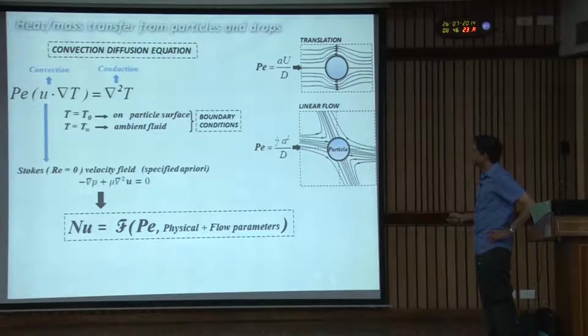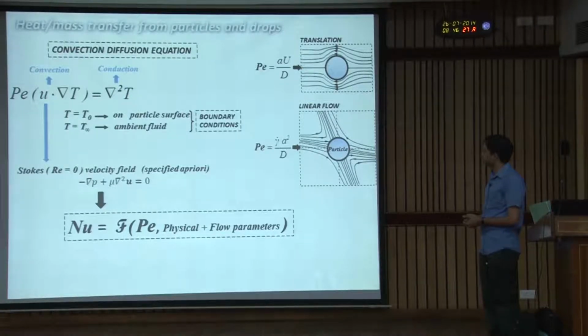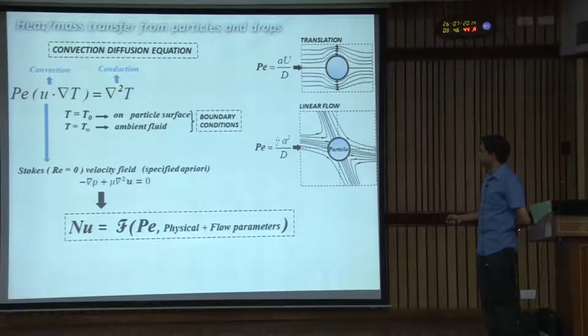Remember, we are going to look at the effect of convection on heat transfer. So the governing equation for the temperature field is a convection diffusion equation. And if you remember, the Peclet number plays the role of the Reynolds number in heat transfer. So Peclet measures how large this convection term is, the temperature being convected by the velocity field, relative to the conduction term. Okay?